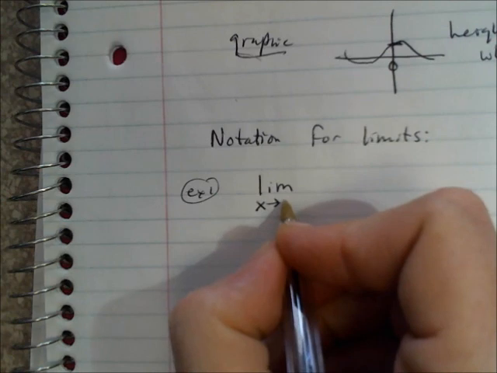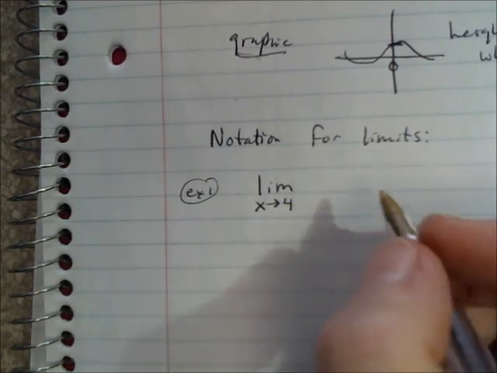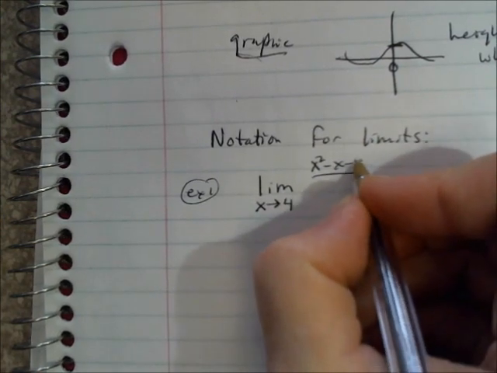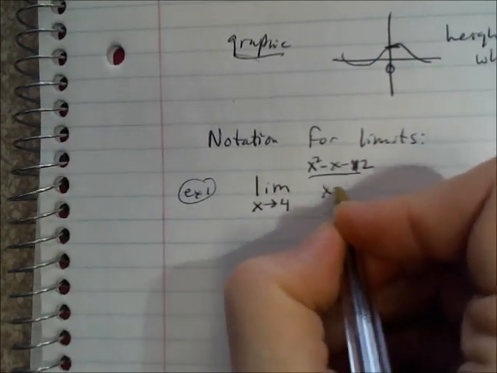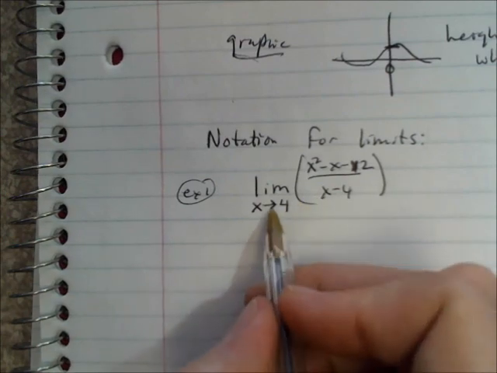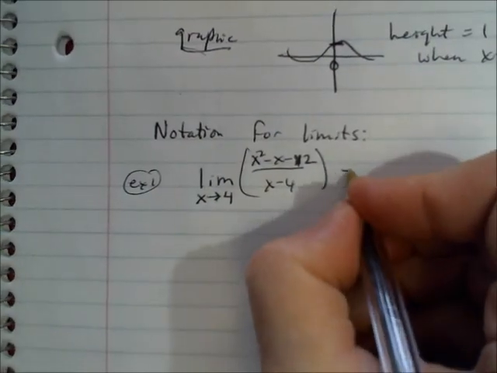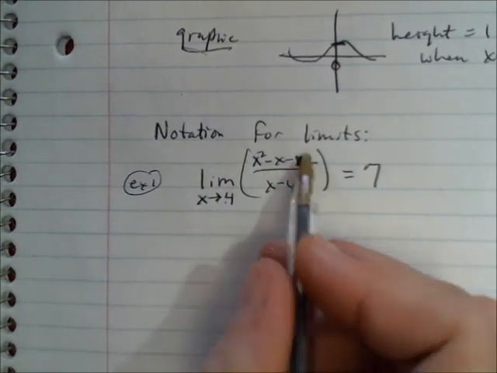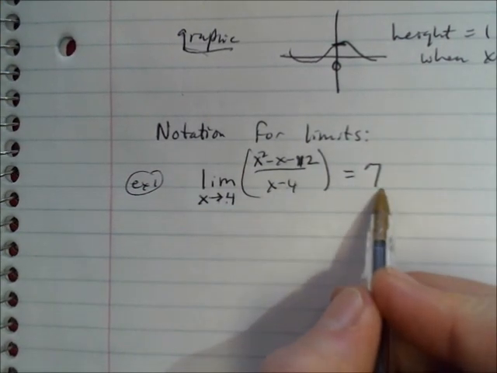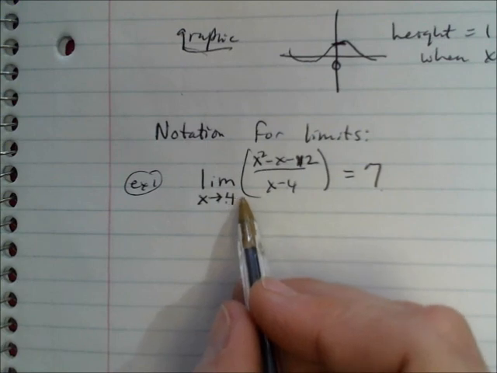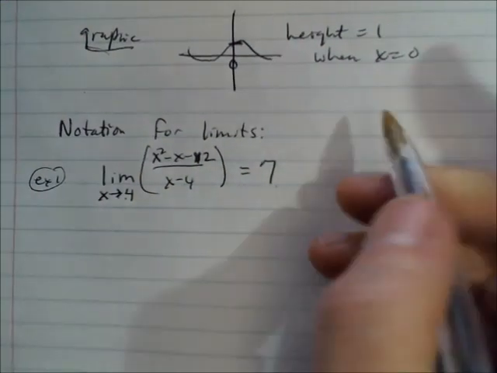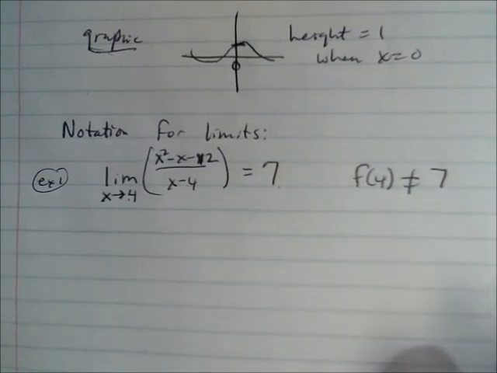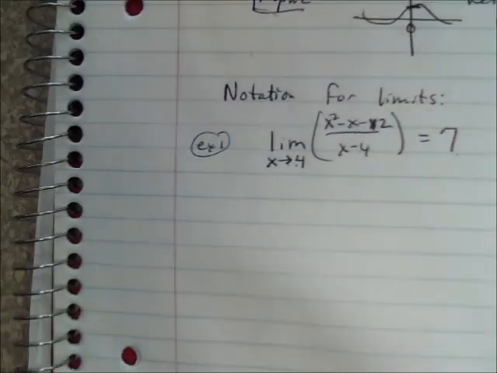We had the limit as x approaches 4 of x squared minus x minus 12, all over x minus 4. The limit of that function is equal to 7, because as x got closer and closer to 4, this function got closer and closer to 7. But you cannot say f of 4 equals 7. F of 4 does not equal 7, but the limit does equal 7.